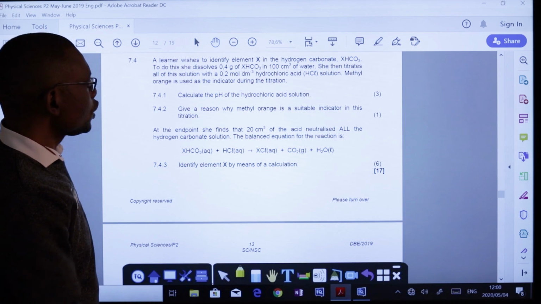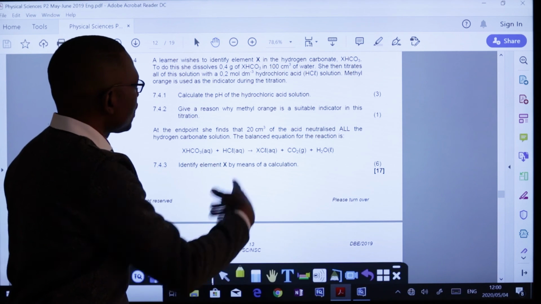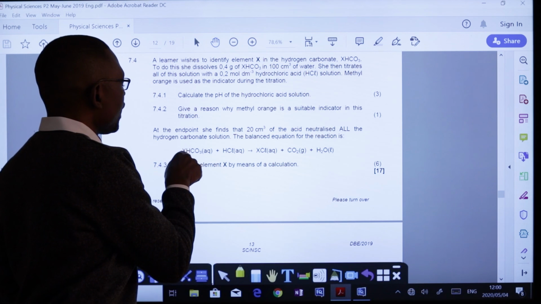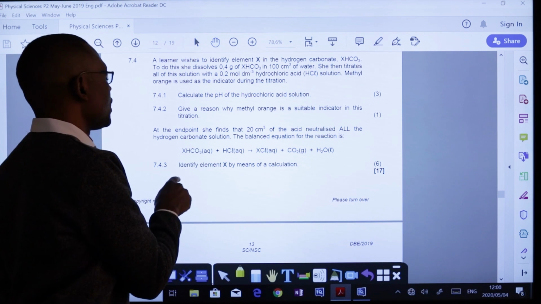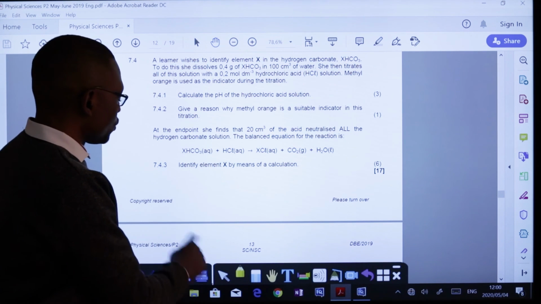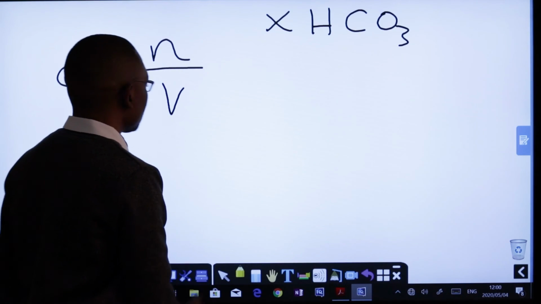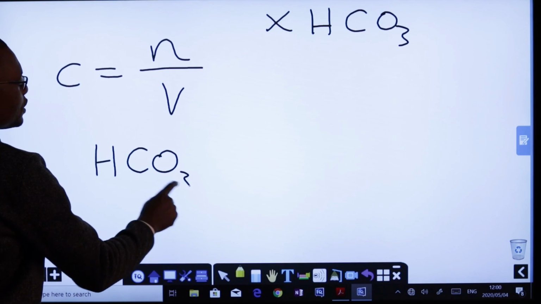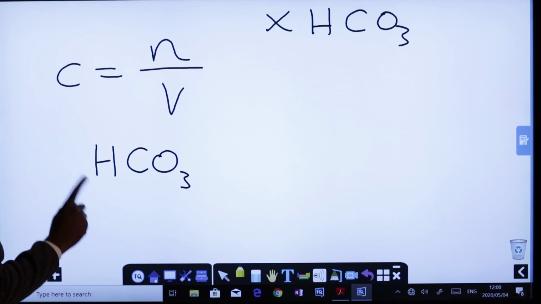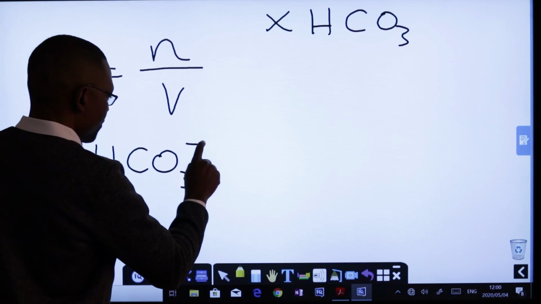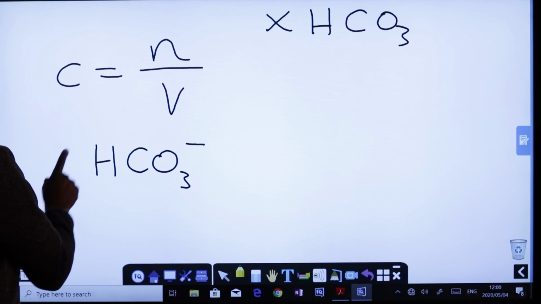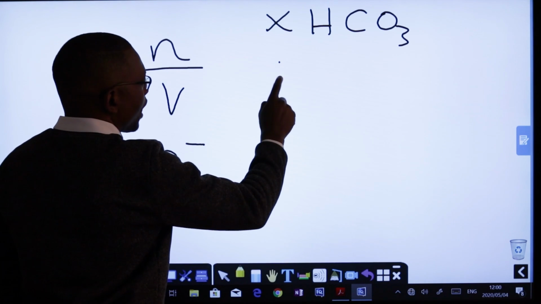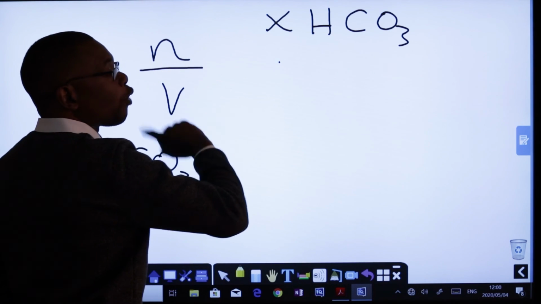Okay. So for us to understand what is happening here, you can see that for the HCO3, if we go back to this calculation, this carries a charge of minus, meaning that whatever X is should be an atom in group 1.